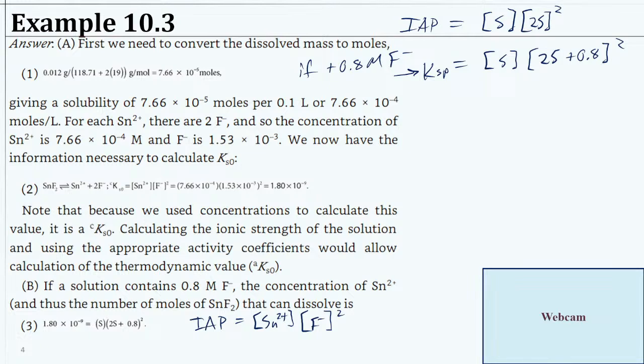So with that, if we solve that for S, well, first of all, we know that we already solved for the 1.8 times 10 to the minus 9 equals that. Okay, so we can use a substitution method here to put all that in and then solve for S.